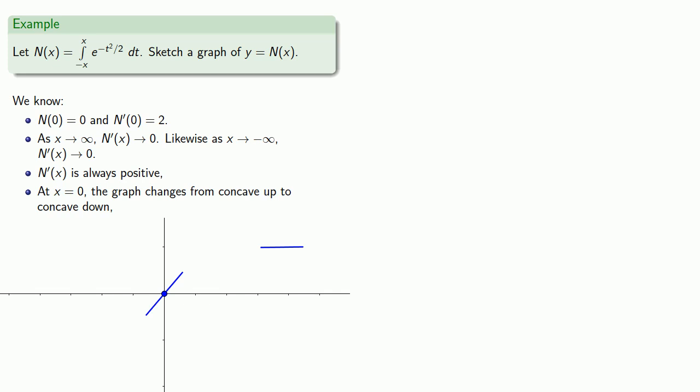And similarly, if we go way off left, the derivative is always positive, so the graph is always rising. At x equals 0, the graph changes from concave up to concave down. So before x equals 0, our graph is concave up, and afterwards, it's concave down. And at this point, we can connect the dots to form a smooth curve.